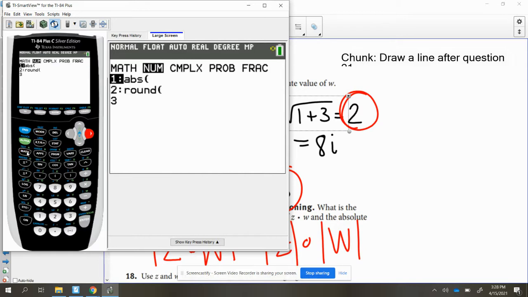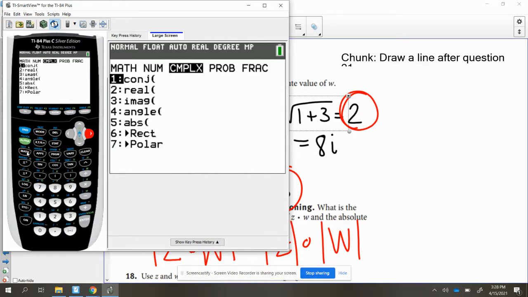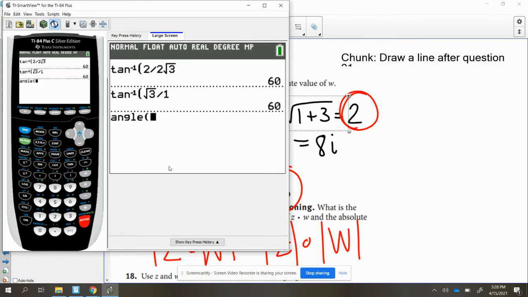This might be a good time to show that with the complex numbers here, if you go into the math menu of complex, we can look for the angle, and I'm going to type this in just to double check my work where I went wrong. I have 2 square root 3 plus 2i, 30 degrees.